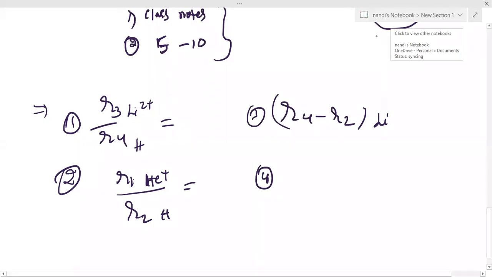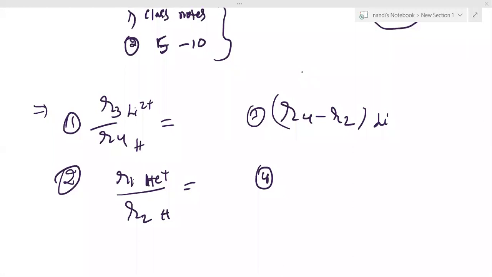Understood? That question is very silly. Practice yourself. Take a rough paper and write, otherwise calculate individually, then take the ratio. Whatever is common, you can cancel.